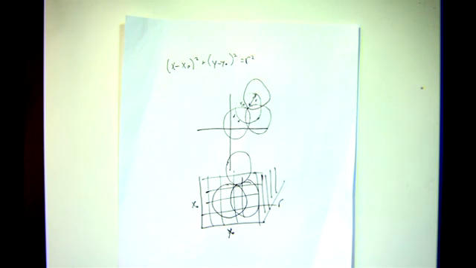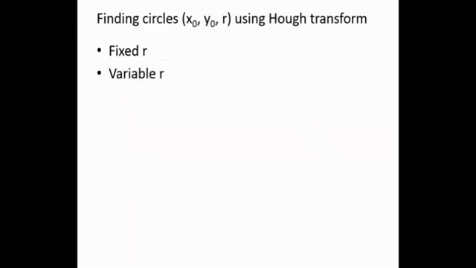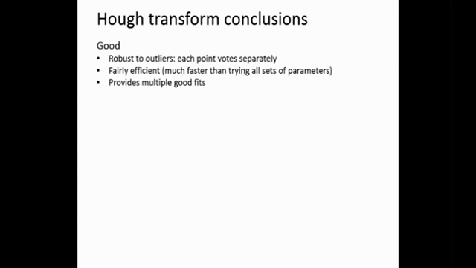So one thing to note is that this can be effective if you've got a lot of outliers. I guess I've got this slide here. If you've got outliers, it's robust to them because all the points are voting separately, and you're basically finding the parameters that the most points vote for. It can also be very efficient. It's faster than trying all sets of parameters, for example.